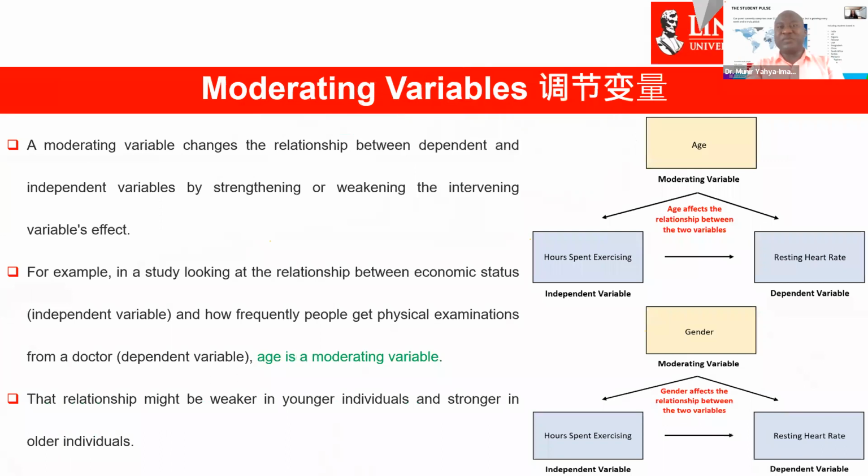Now, we also have moderating variables. A moderating variable changes the relationship between dependent and independent variables by strengthening or weakening the intervening variable's effects.